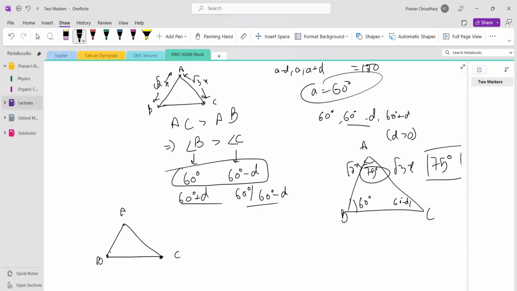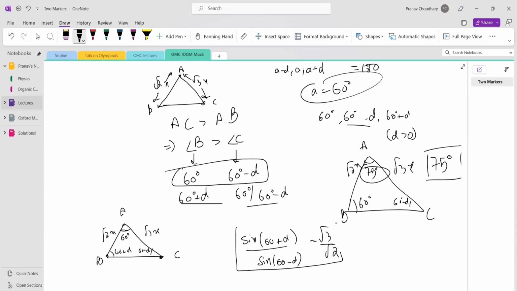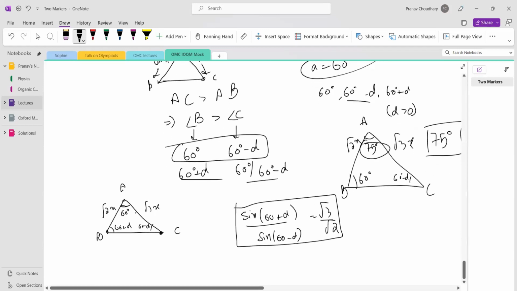ABC. So let's say this angle is 60 plus D and this angle is 60 minus D. Then you have that sine of 60 plus D, by the way, in this case this angle should be 60 degrees, over sine of 60 minus D should be root 3 by root 2. So now if there exists some D such that this thing is true, then A can be 60 degree as well, right?